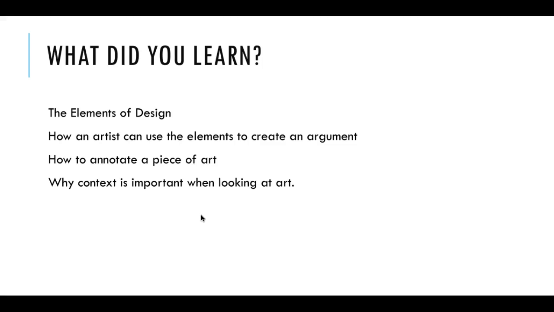So what did you learn? Obviously, you learned the elements of design. And you'll learn it again when you look at this video again. You'll understand how an artist can use these elements to create an argument. And as I was annotating, you kind of saw how interesting the one with the two horses was, and how the artist is literally saying, you need to look at this bubble.